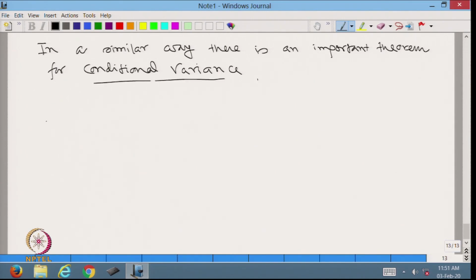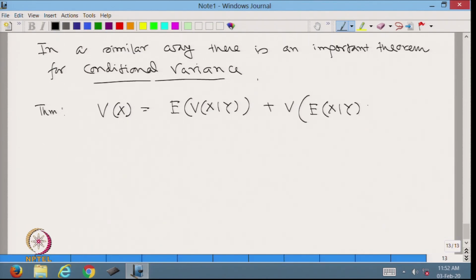The result is that variance of x is equal to expected value of variance of x given y plus variance of expected value of x given y.